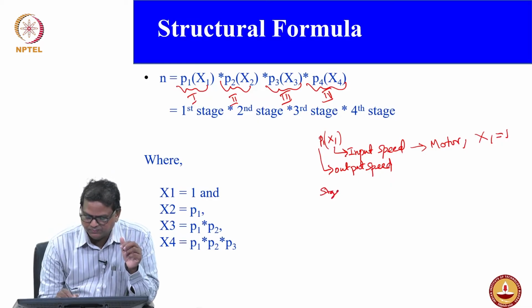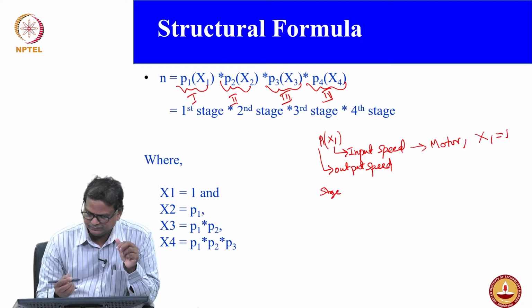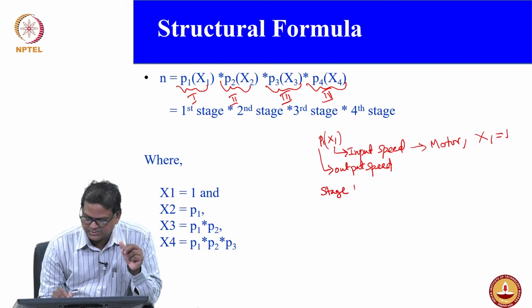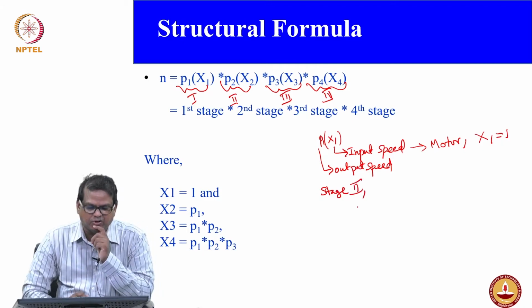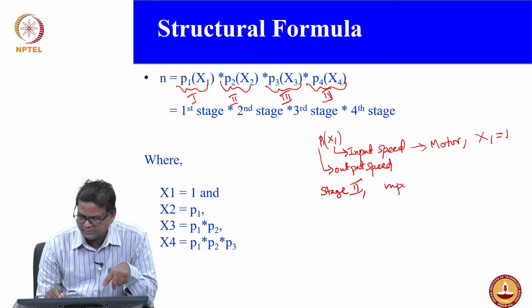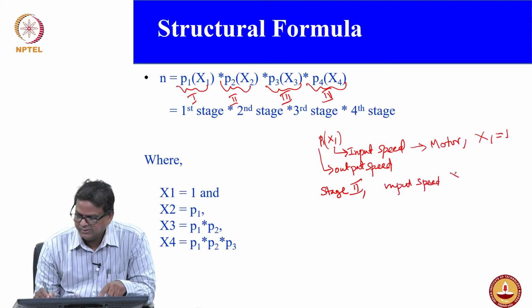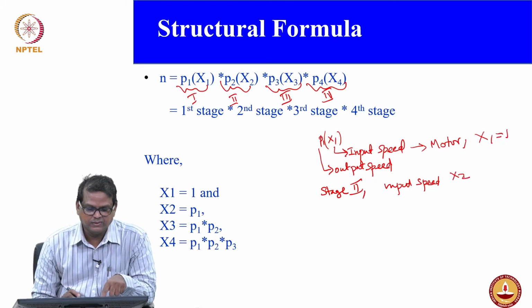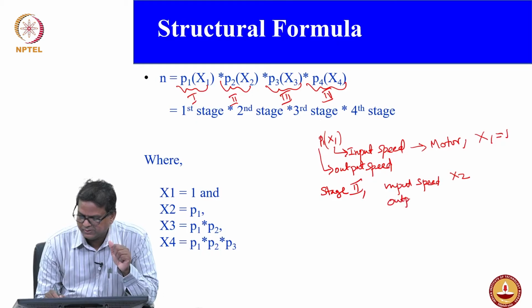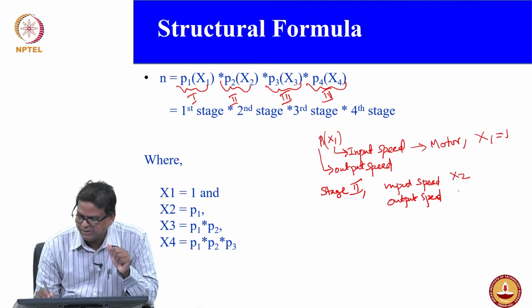In stage 2, what is the input speed and what is the output speed? The input speed is x2, and the output speed is supposed to be P2.